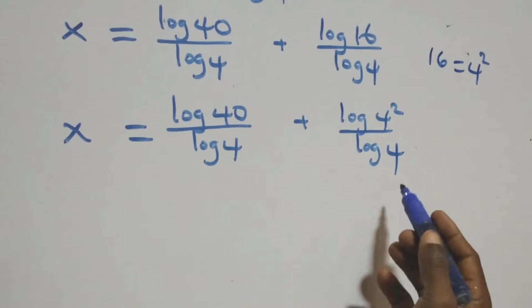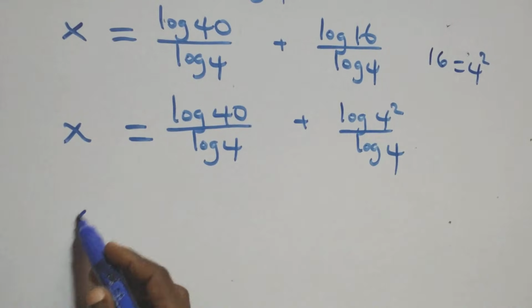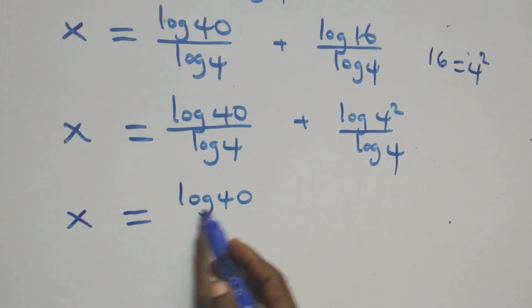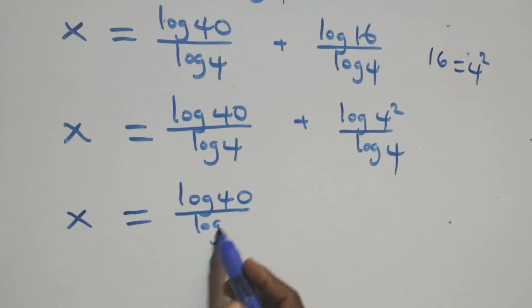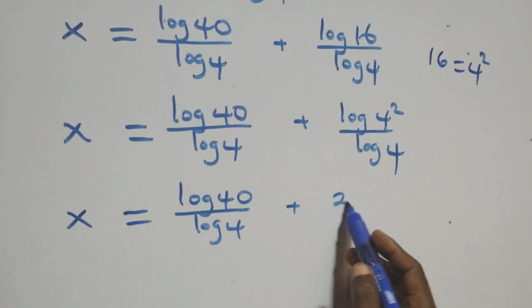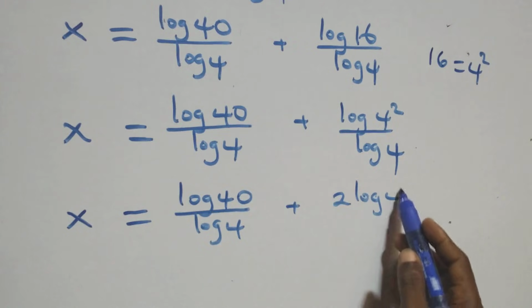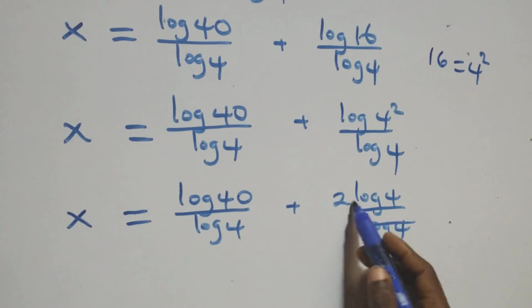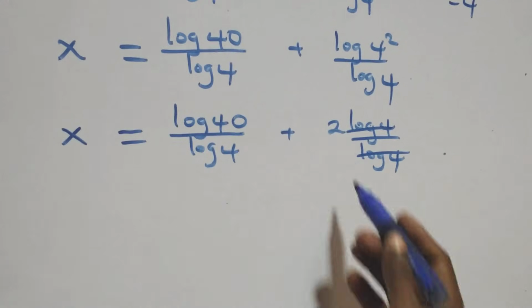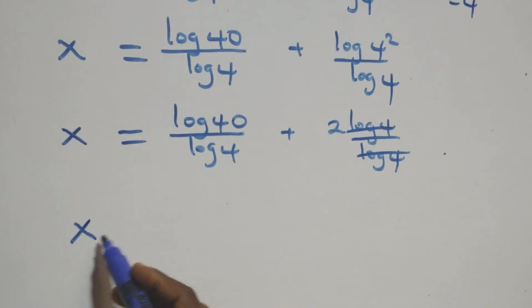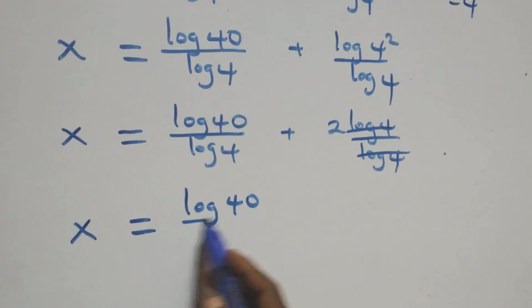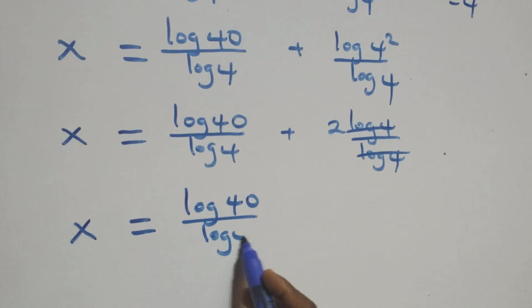Then here we apply the power law of logarithm. 2 comes in, and we have x equals log 40 over log 4 plus 2 log 4 over log 4. As this here, log 4 cancelled each other. We have 2 here. As this here, we have x equals log 40 over log 4 plus 2.